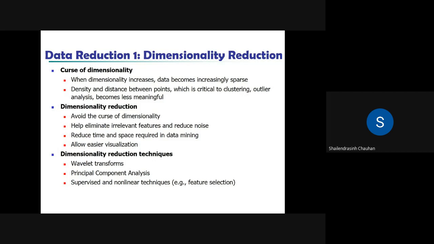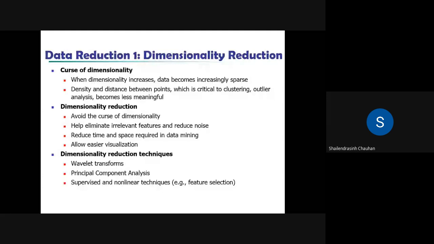Second, dimensionality and distance between points, which is critical to clustering and outlier analysis, becomes less meaningful. As the number of dimensions increases, distance and density between points will decrease. And if you want to identify outliers, it will be very difficult and meaningless because all the data points will be almost near to each other.